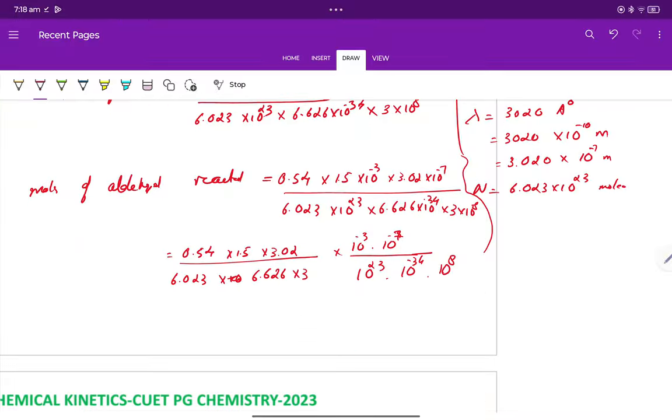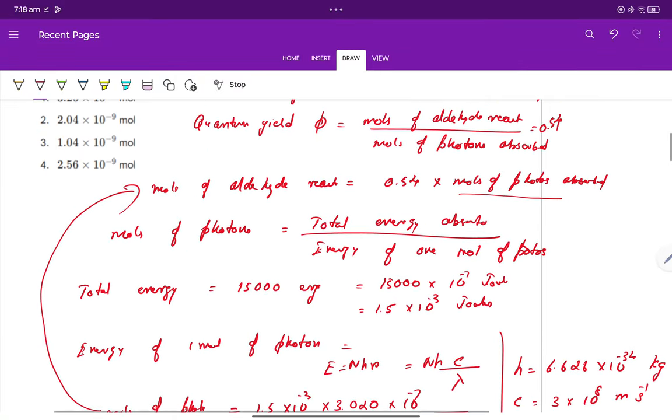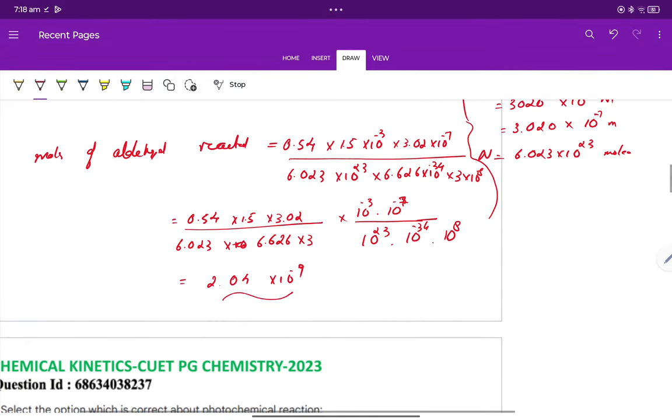Upon final calculation, this will come to around 2.04 into 10 to the power of minus 9, and that will be in moles.